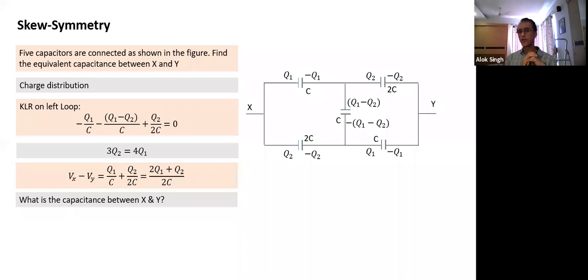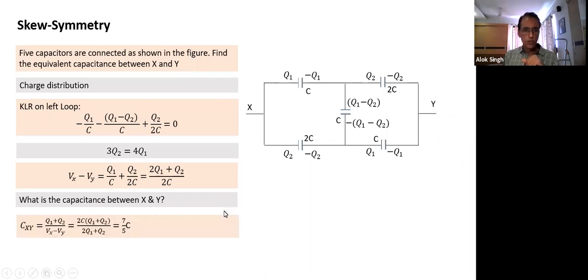The capacitance between X and Y is the charge given divided by the potential difference. What is the charge given? Since there are 2 combinations, part of the charge has come here and part of it has gone here. So the charge given is Q1 plus Q2. So Cxy, the capacitance between X and Y, is the charge given divided by the potential difference. This is Q1 plus Q2.